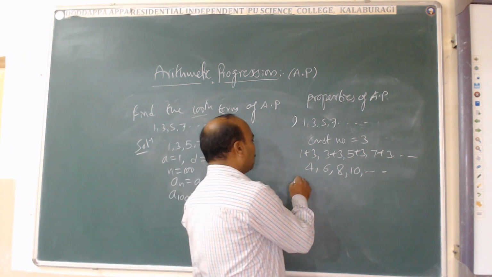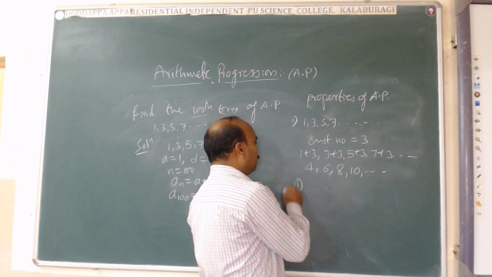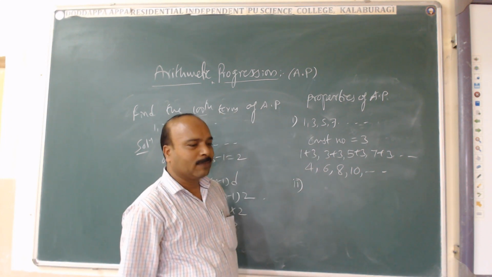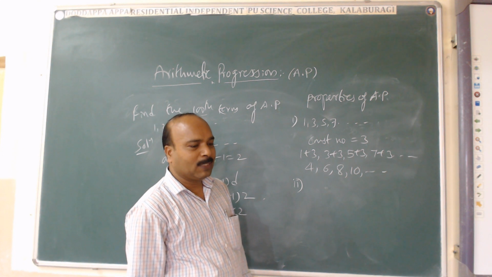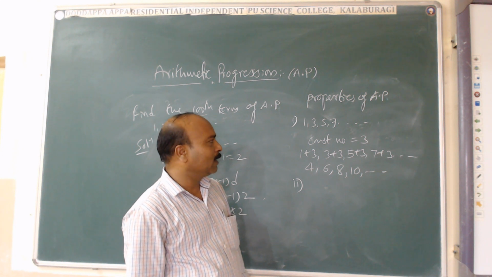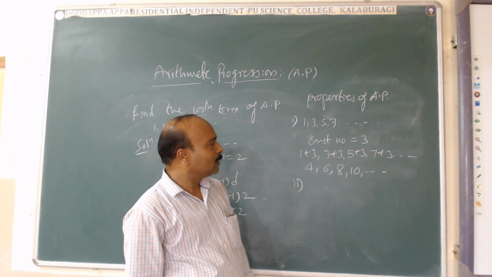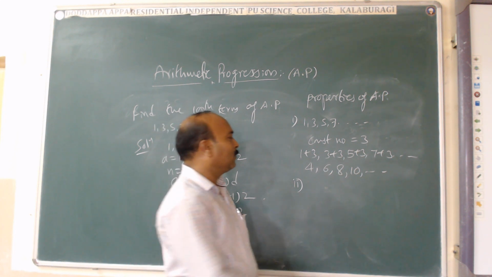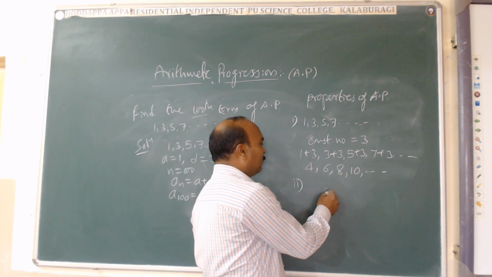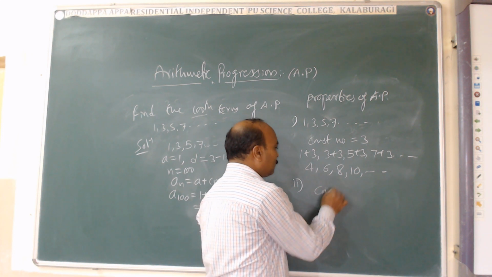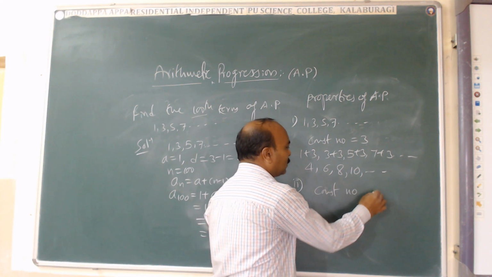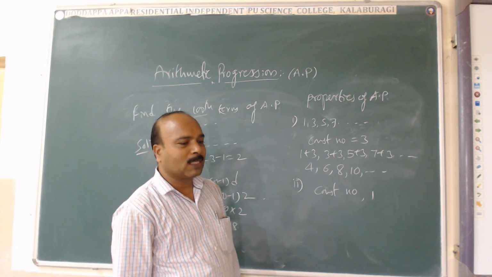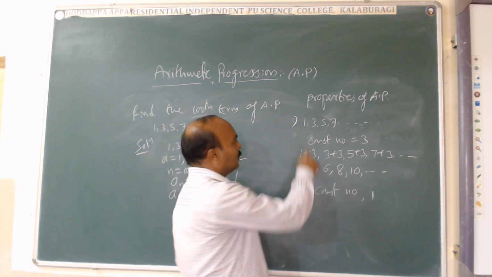The second property states that if we subtract a constant number from every term of an AP, then it remains an arithmetic progression only. Now I will take subtraction from this sequence. If I take the constant number for subtraction as 1, and subtract 1 from every term of this arithmetic progression, now we check what happens.